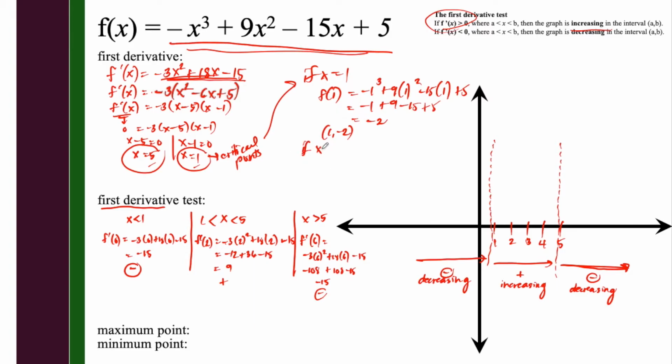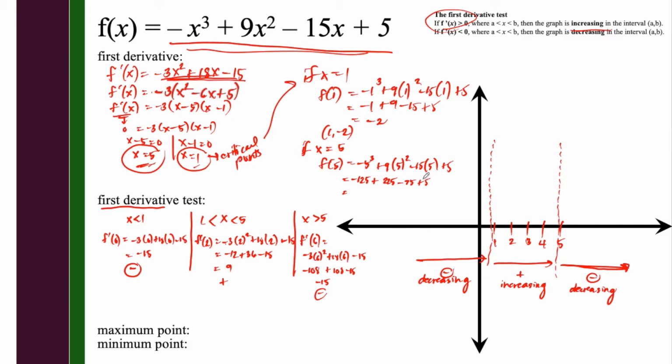Next, if x is 5, so f of 5, we have negative 5 cubed plus 9 times 5 squared minus 15 times 5 plus 5. So that's negative 125 plus 225 minus 75 plus 5.